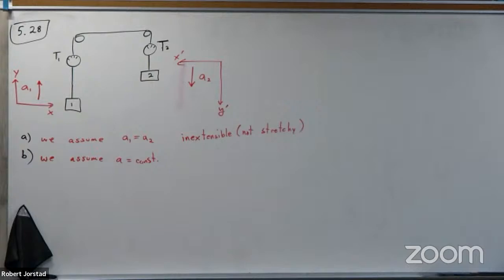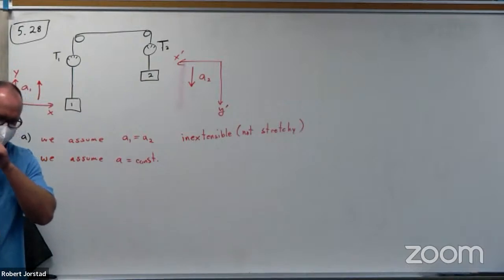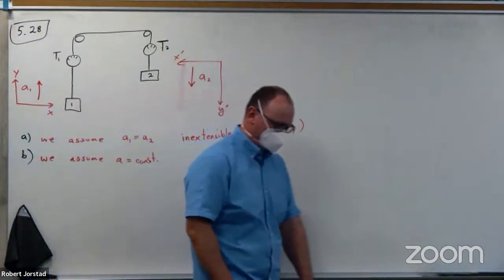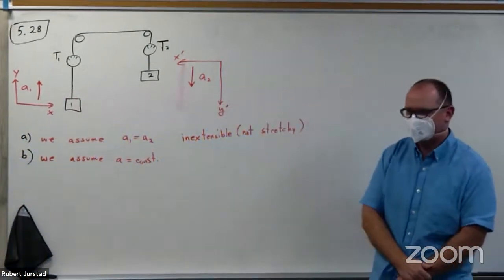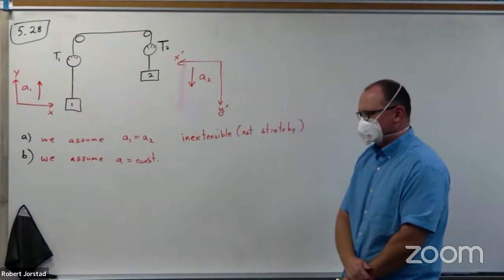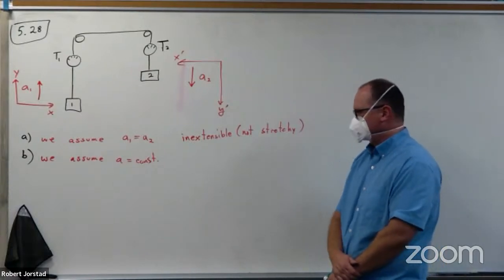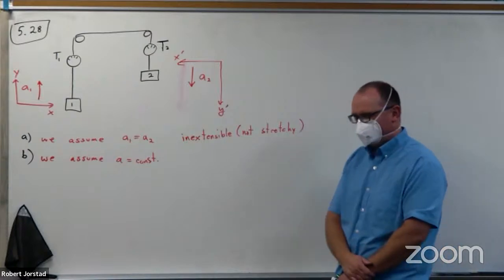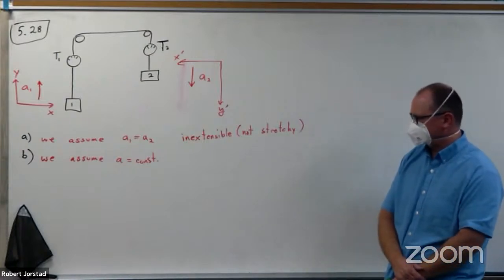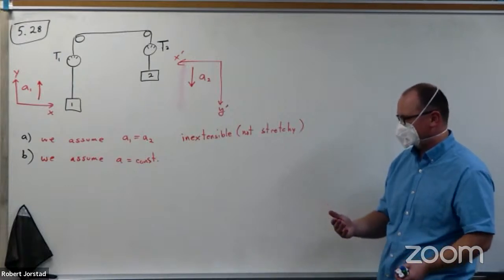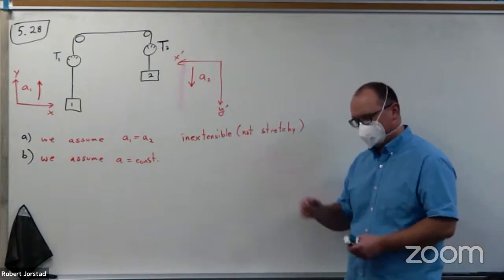Release from rest tells us the initial velocity is 0, but it doesn't tell us A is constant. That's a good guess, though. Somebody else. What were you guys thinking in the back? Good guess, though. Not the pulleys. That's already there.